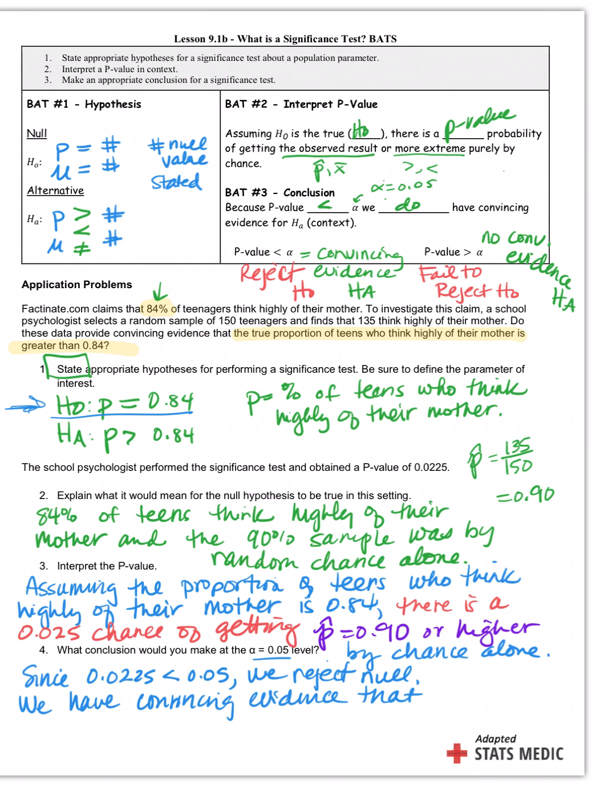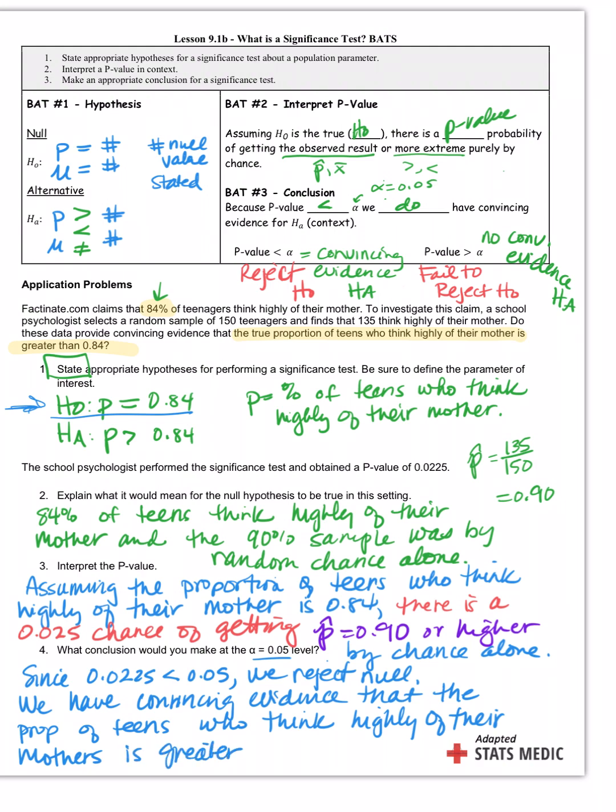We have convincing evidence that the proportion of teens who think highly of their moms or mothers is greater than 0.84. So notice I'm talking about the alternative in here. All right, thanks for hanging in there.